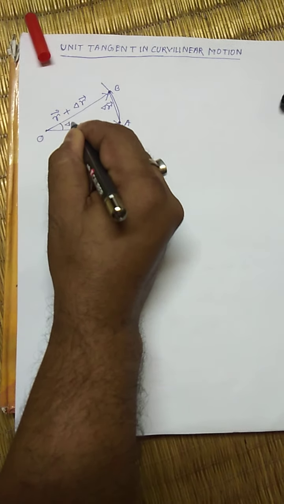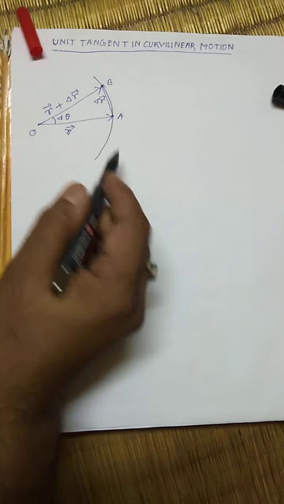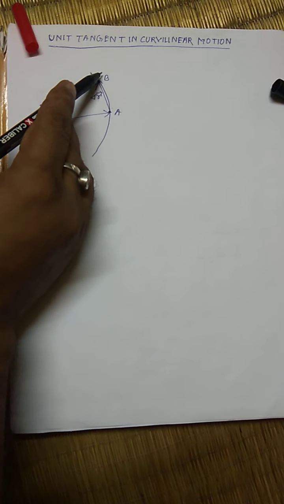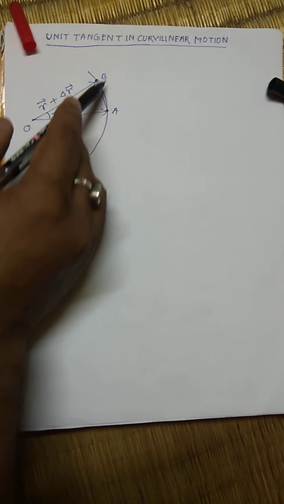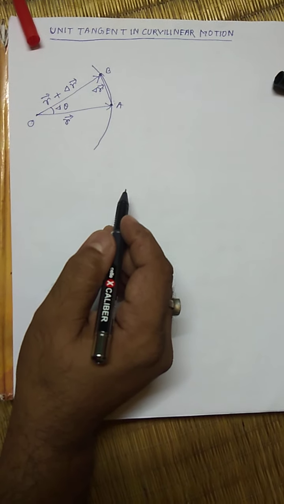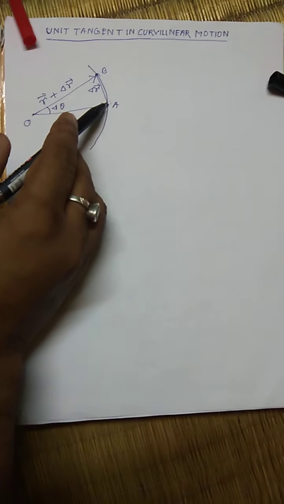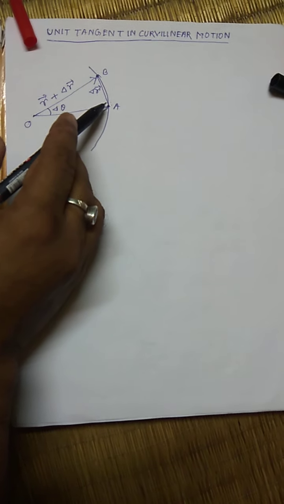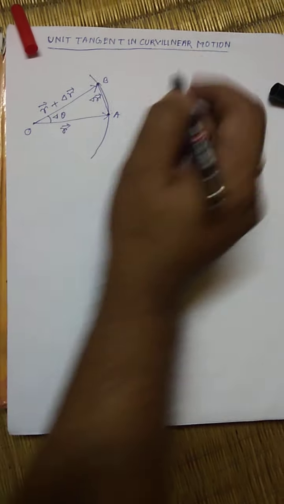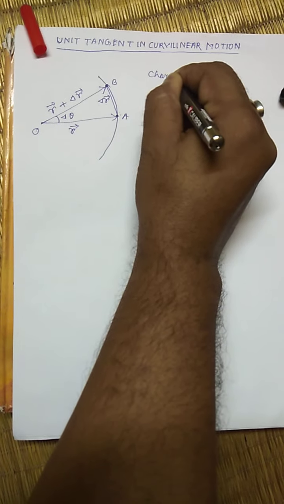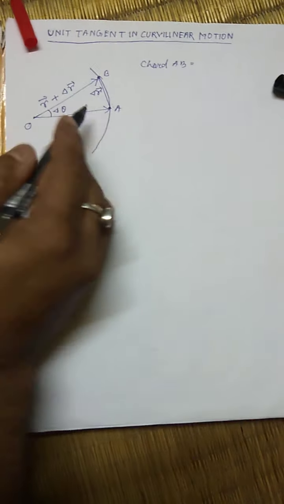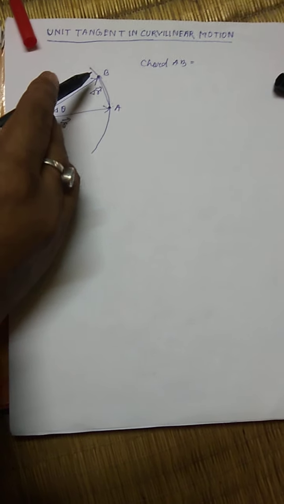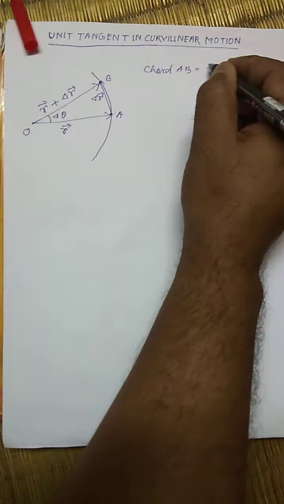This is the angle by which the curve curves as the particle moves from point A to point B. Chord AB, the length of chord AB gives us the magnitude of the displacement made by the particle.